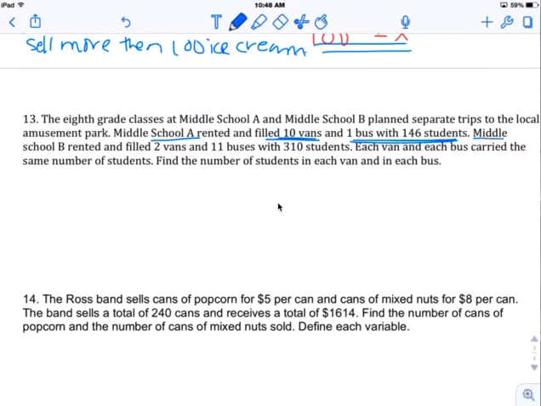Middle School B filled up 2 vans and 11 buses with this many students. Each van and each bus carry the same amount of students. Find the number of students in each van and each bus.